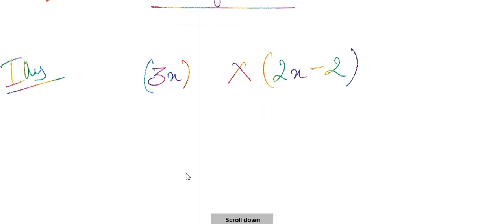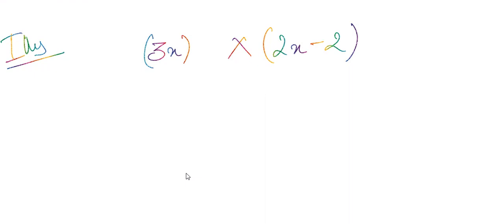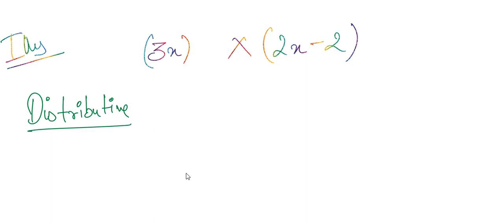For multiplying such cases, let me introduce a concept which is my distributive law in algebra, which is very famous in algebra. See, I have to distribute my multiplication over the different terms.